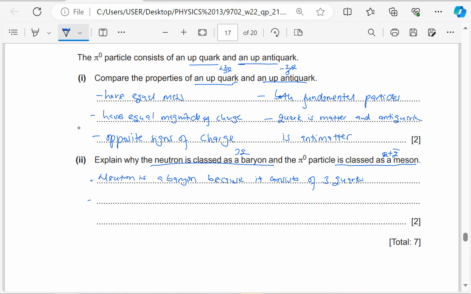Then pi 0 is a meson since it consists of 1 quark and an antiquark.